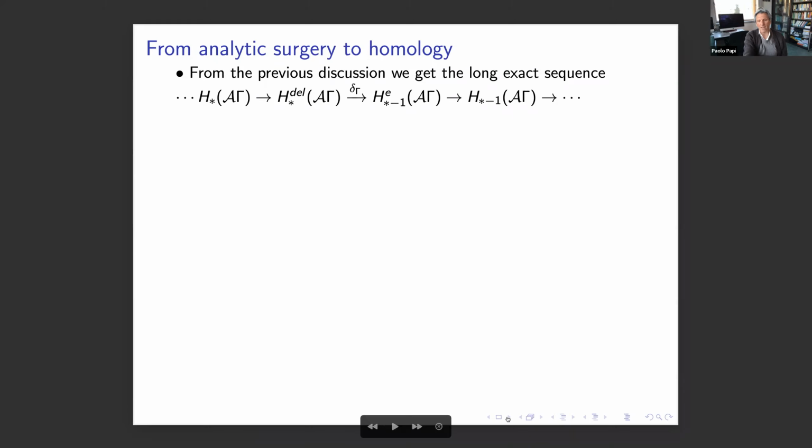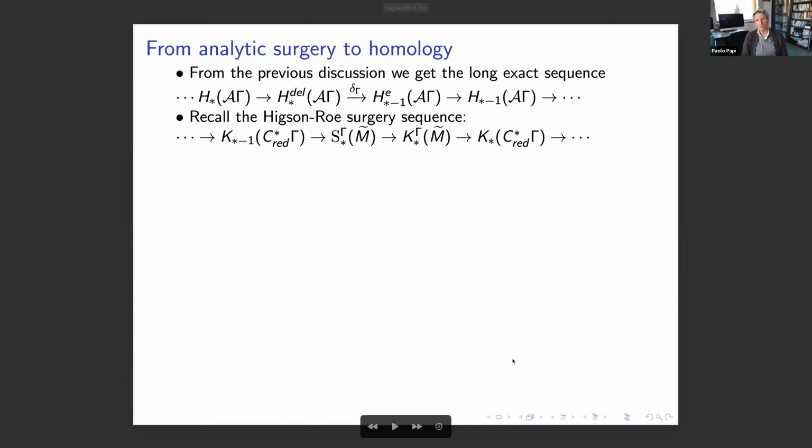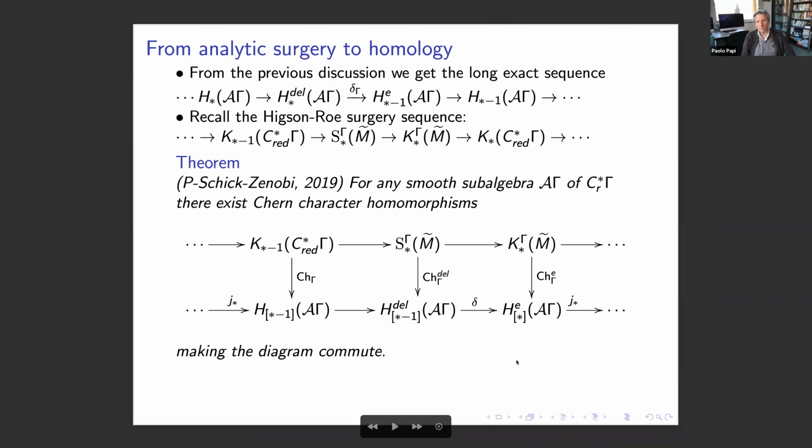So let me remind you that we started with the Higson-Roe surgery sequence, which I rewrite for you. And one of our main results is the following theorem. Given any smooth subalgebra of the C-star algebra, we can define Chern character homomorphisms, which make this diagram commute.